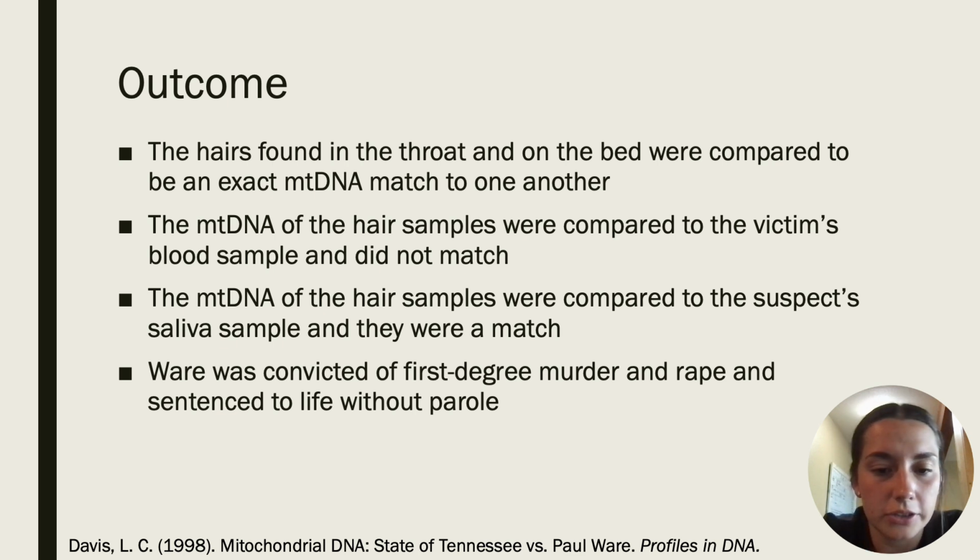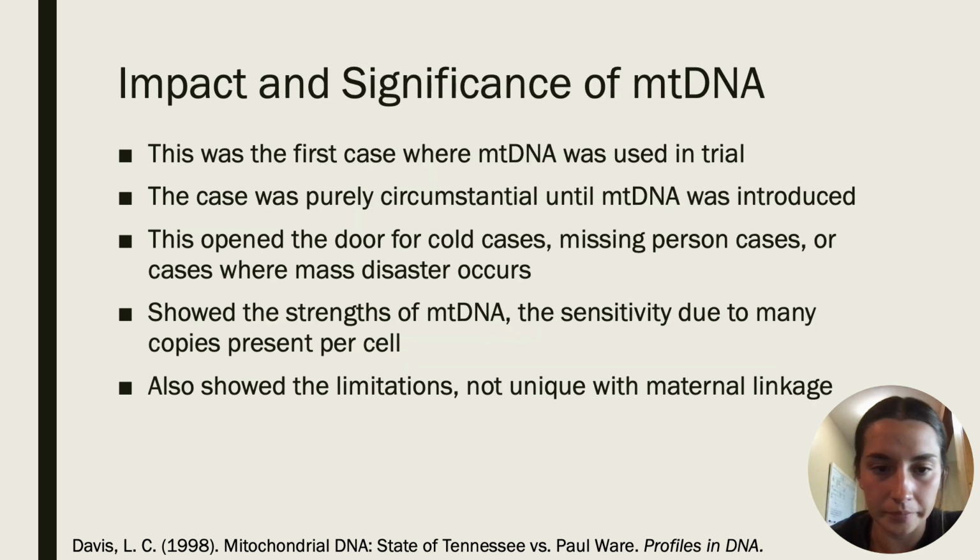However, the mitochondrial DNA of the hair samples was compared to Paul Ware's saliva sample, and they were a direct match. And this led to Ware being convicted of first-degree murder and rape, and he was sentenced to life without parole. This information all came from the case file written by Davis.